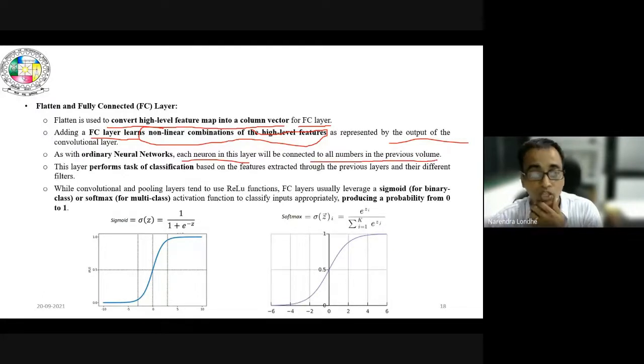After that, the classification task is performed by the fully connected layer using either the sigmoid function or the softmax function. Sigmoid is generally used for binary classification, and for multi-class classification we go for softmax, where the probability is calculated for the output features.